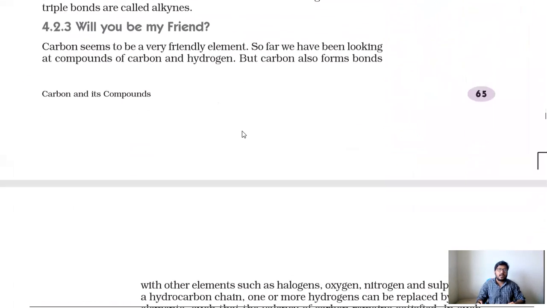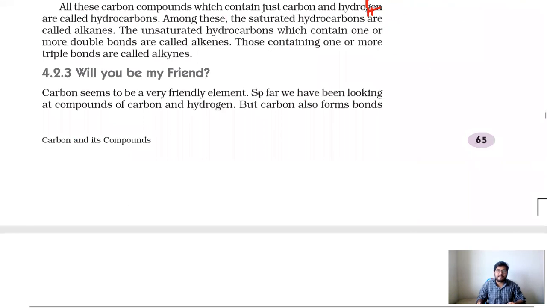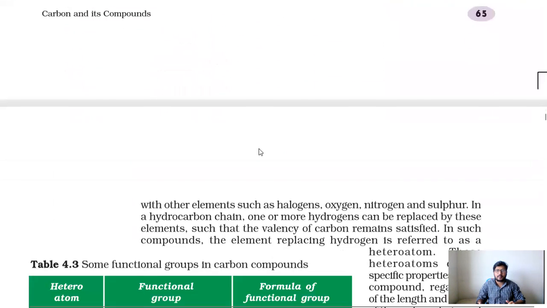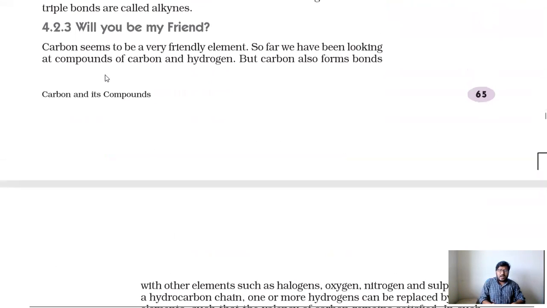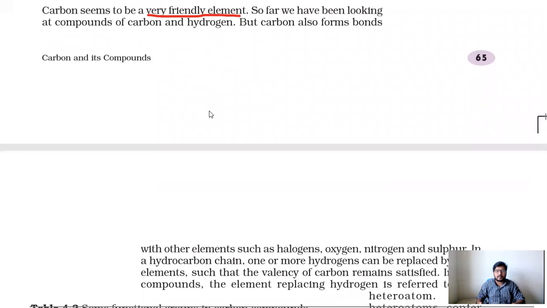Next, a very important topic: will you be my friend? Here, carbon is a very friendly element. Why is it a very friendly element? It means carbon combines with all other elements. We have discussed that now there are 3 million compounds in which we can find carbon.